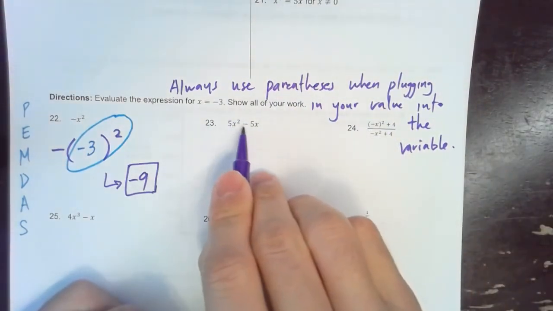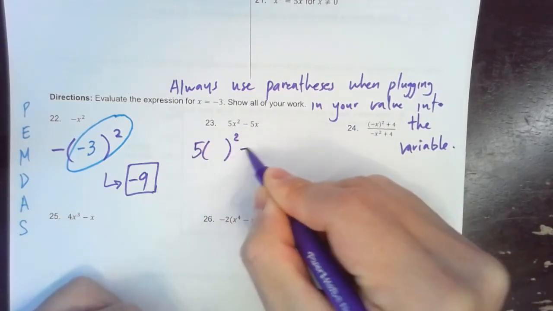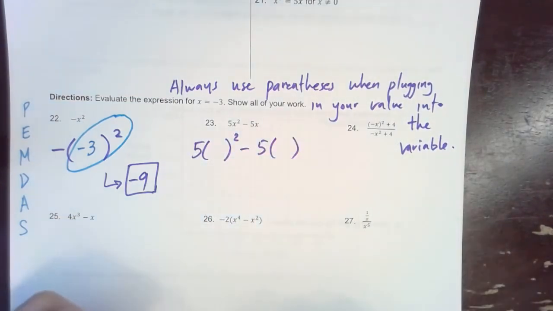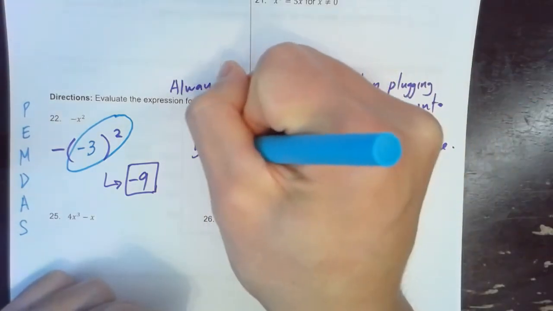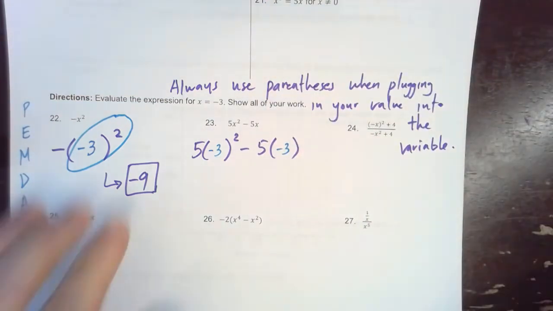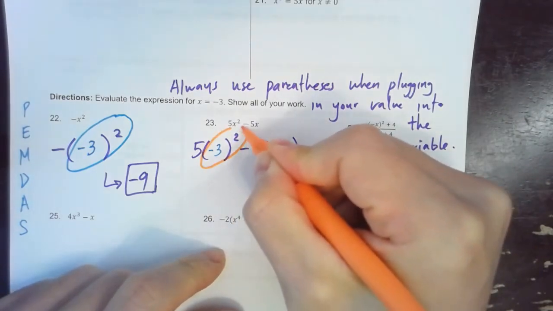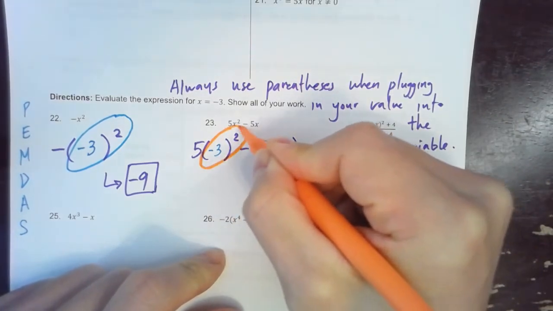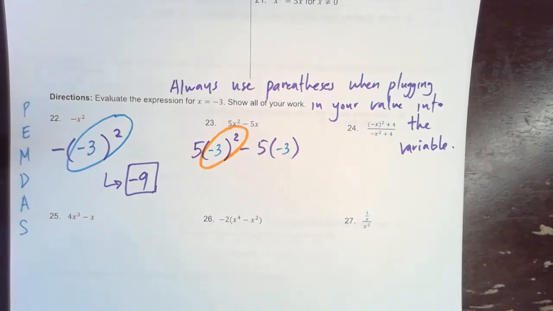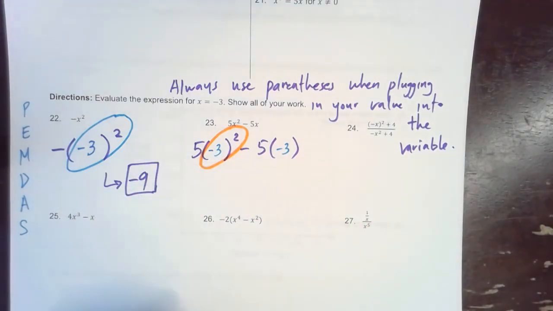So like 5x squared minus 5x, I like to go like this. I like to really, really emphasize that I'm plugging into x. And then I plug it in like this, negative 3, negative 3. You gotta be careful here, right? My attention should always be on this exponent first because that's the order of operations, okay? Then, obviously, the steps after that will be considered multiplication.